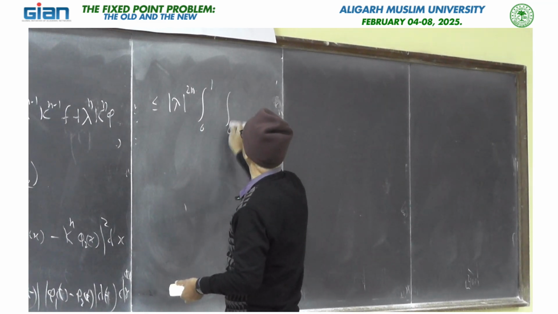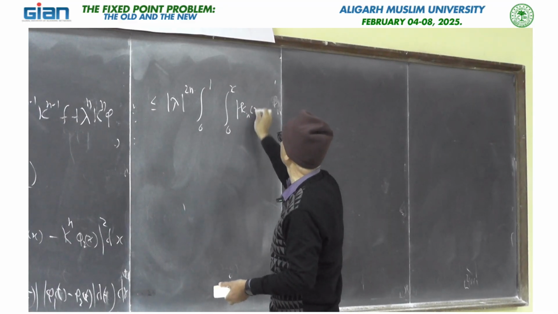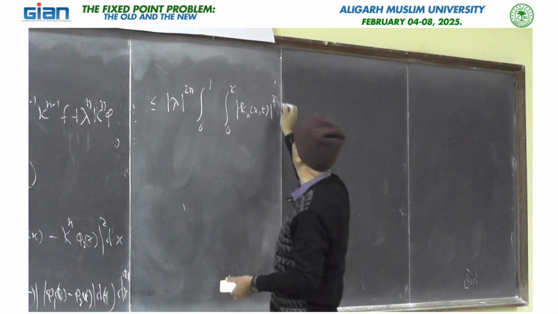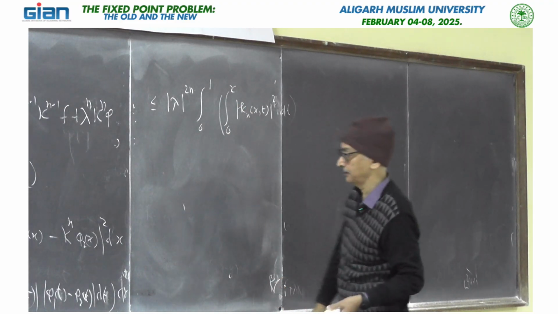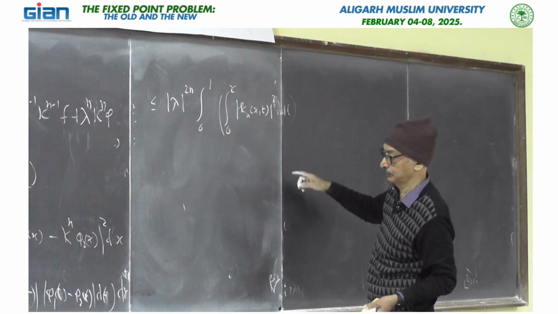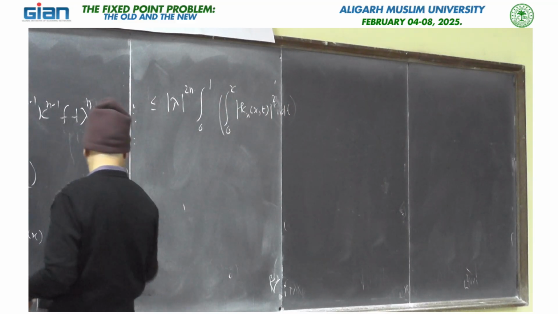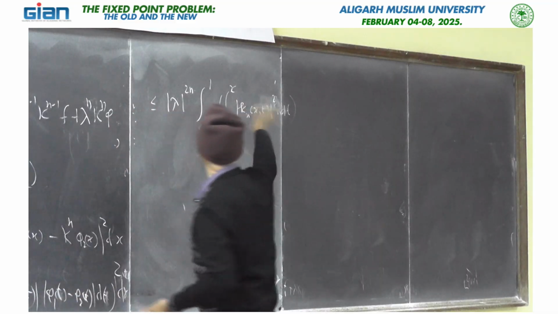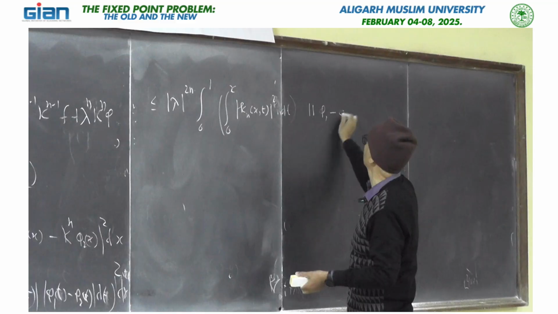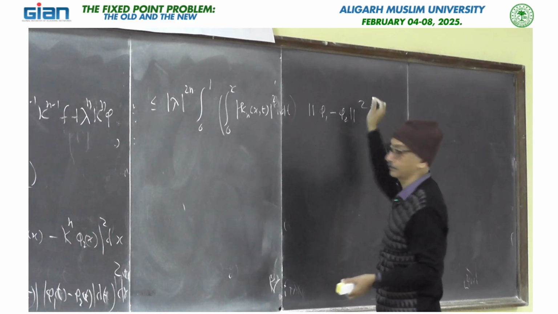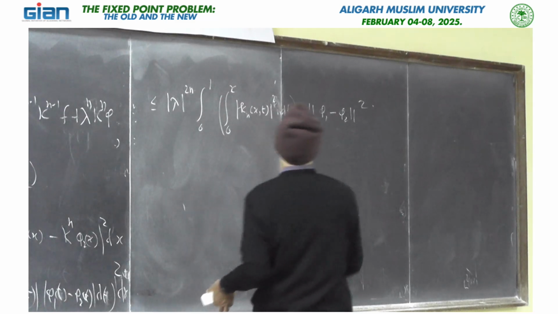So you will have 0 to x, |k_n(x, t)| squared dt, and the square is also there, I forgot to put that square there. So that square root will disappear, and then you have this norm of phi_1 minus phi_2 squared, dt, and then dx there.